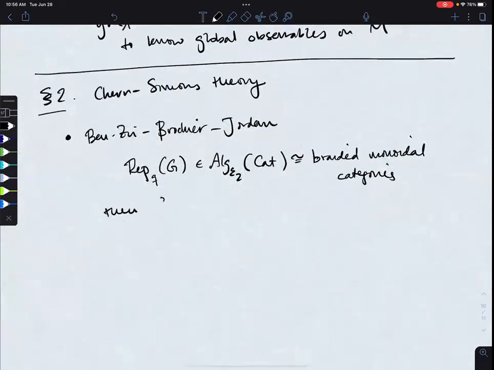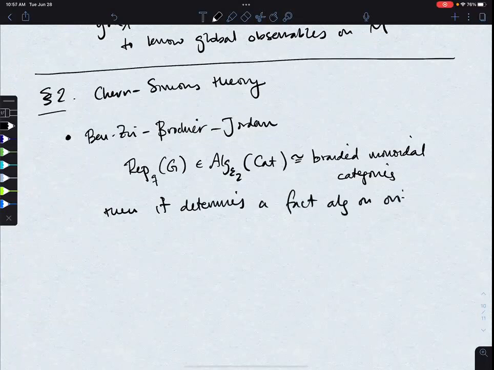Then it determines a factorization algebra on oriented surfaces, so two-dimensional manifolds.